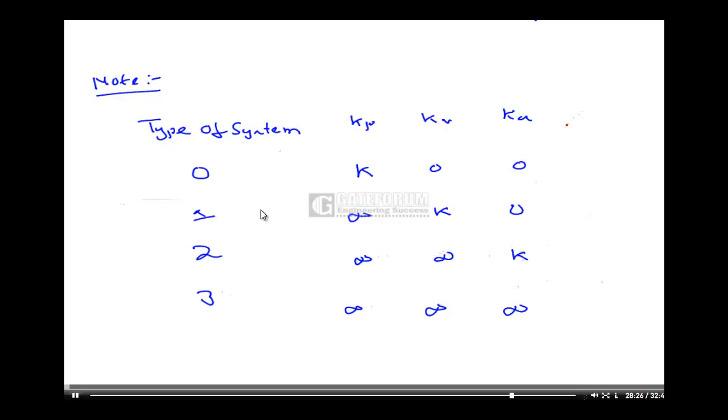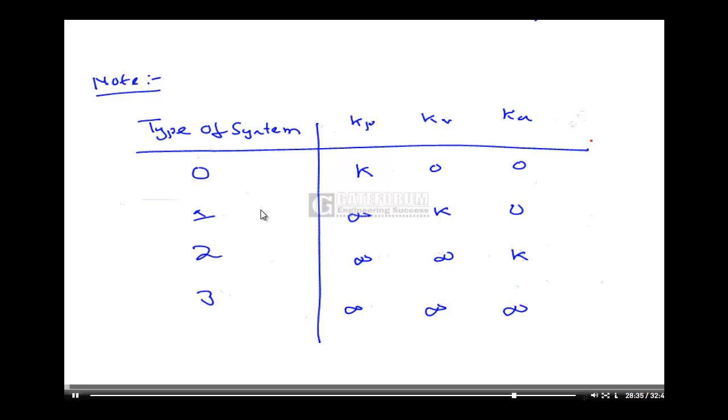In this case, the steady state error for all three can be found out. So this can come as a 1 mark question.